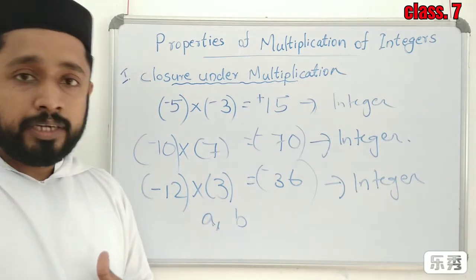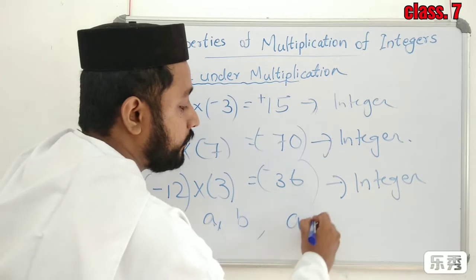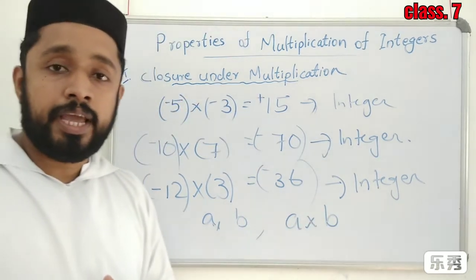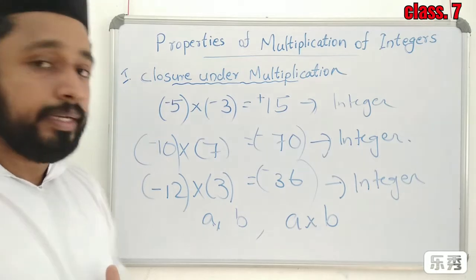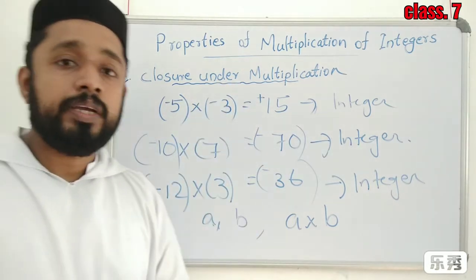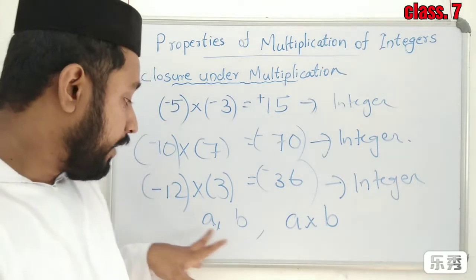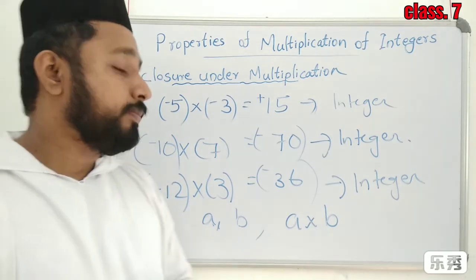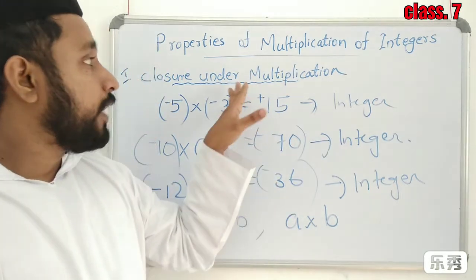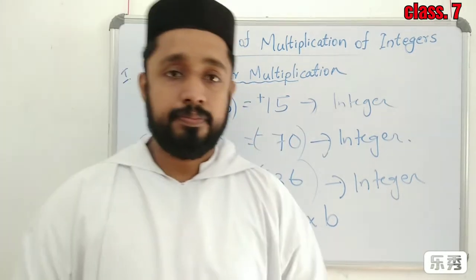If a and b are two integers, then their product a into b is also an integer. This property is known as closure property. So integers are closed under multiplication.